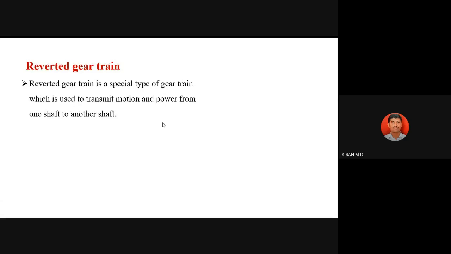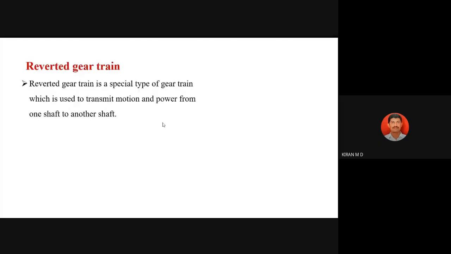In your watch, the second needle rotates at 1 revolution per minute, right? The minute needle rotates 1 revolution per hour. The hour needle rotates 1 revolution per 12 hours. Different speeds, but the axis is the same.